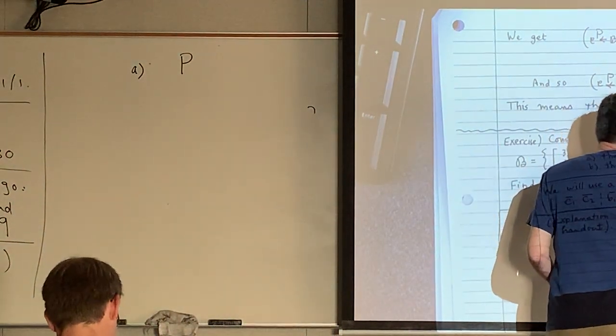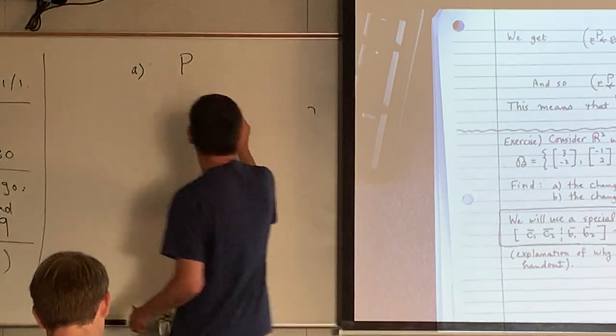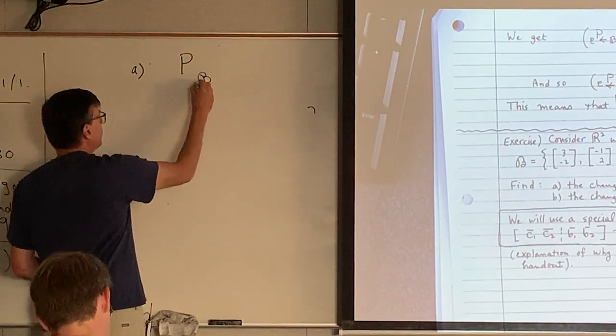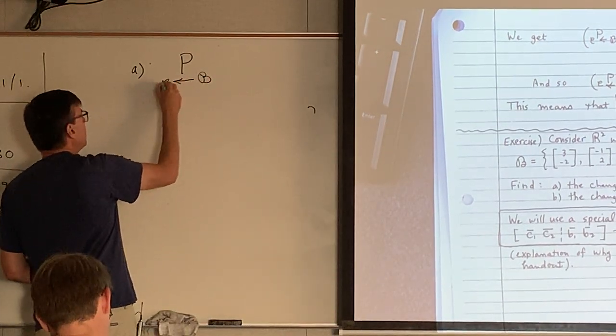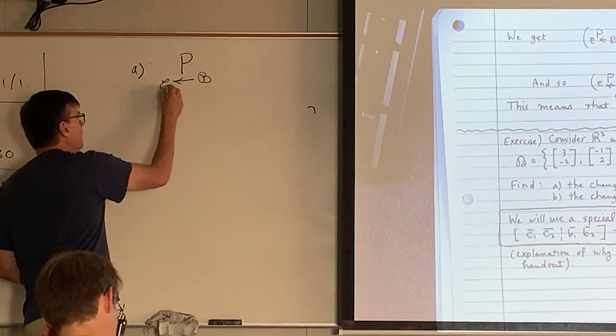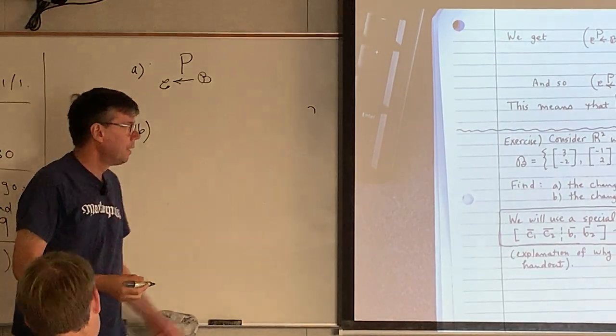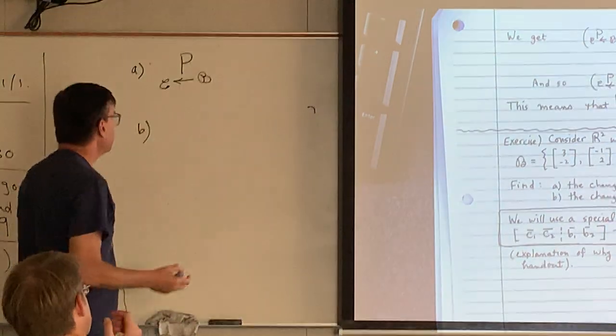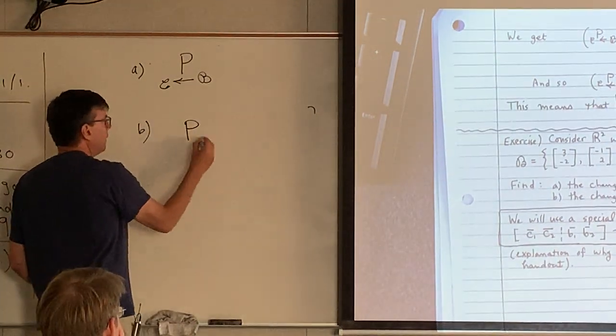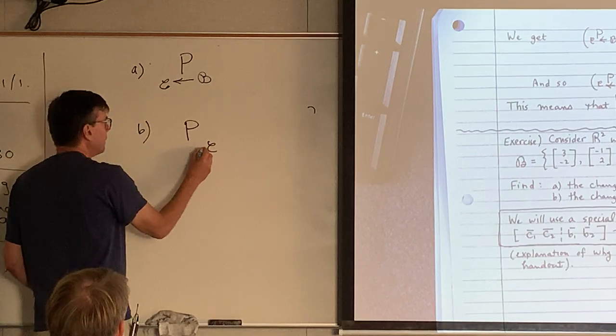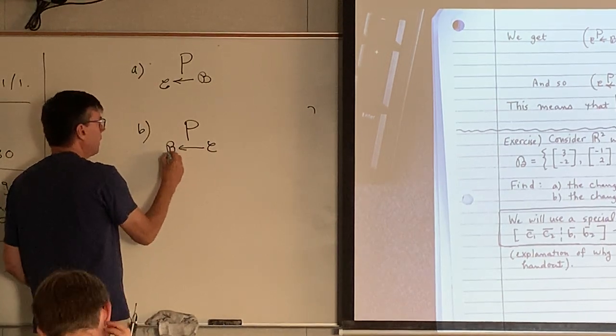If we're changing from B to C, you've got to get used to the B goes on this side, the arrow goes that way, the C goes there. The change of coordinate matrix from C to B is going to look like this, that, like that.